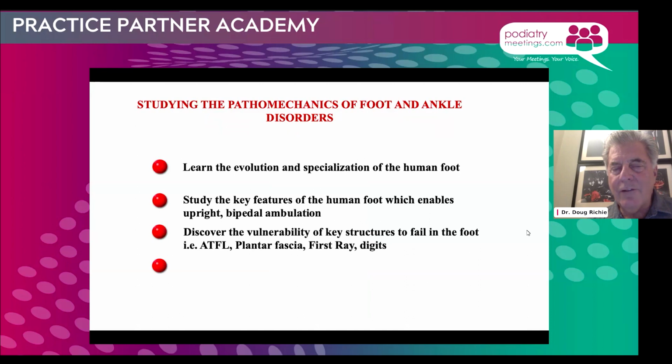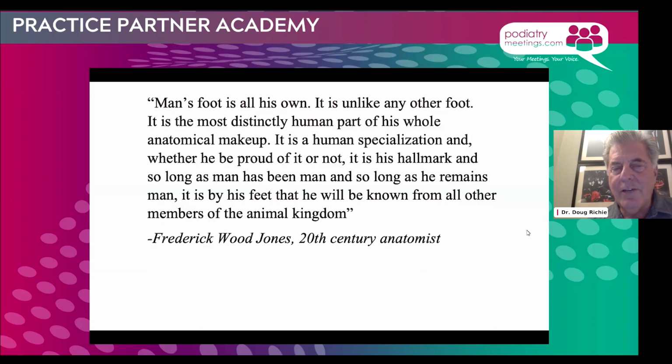The lateral ankle sprain with anterior talofibular ligament rupture, plantar fasciitis, first ray deformities with hallux valgus, hallux rigidus are really all unique injuries and conditions to anatomic structures that are not found in other primate feet. And then we want to develop strategies to restore function when these structures fail. And at the end of this lecture, we're going to talk about direct clinical applications.